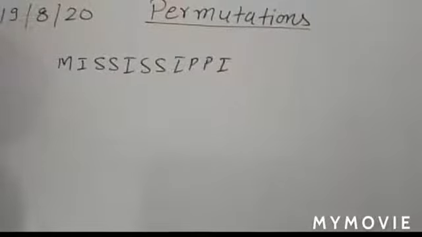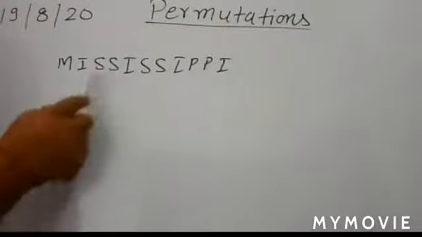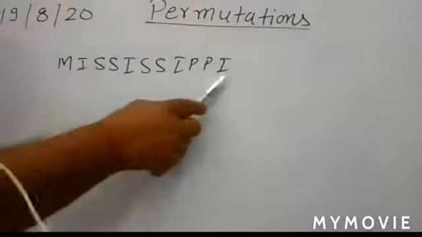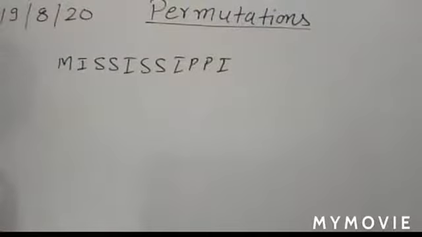So here you have two questions. First, find the total number of possible arrangements. Second, how many words are there in which all the i's are not together? Here you have four i's, 1, 2, 3, and 4, and they do not come together. So you have to find such words also.